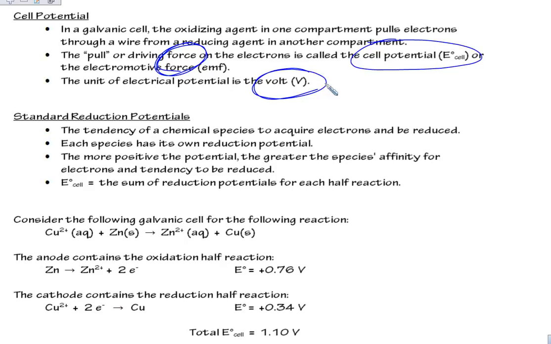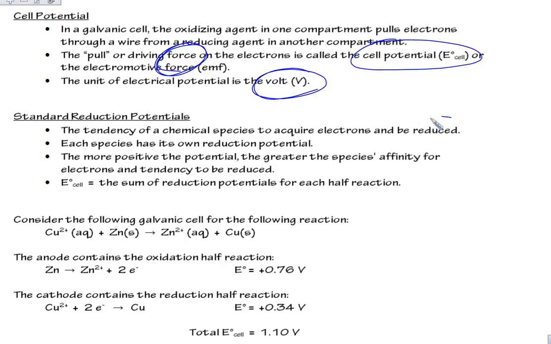All right. So in order to calculate the cell potential and kind of gauge what is the pull drawing these electrons through the system, we look up something called standard reduction potentials. They're constants. For practice problems, you'll probably have to look them up on a chart. On the AP test, you will be given standard reduction potentials. And it's a measure of the tendency of a species to acquire electrons and be reduced.